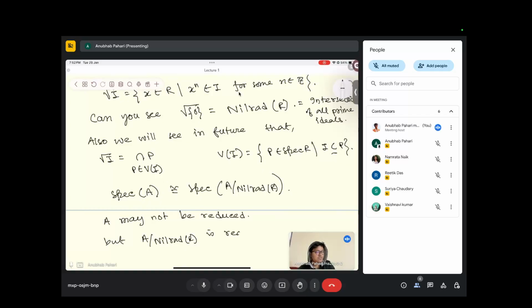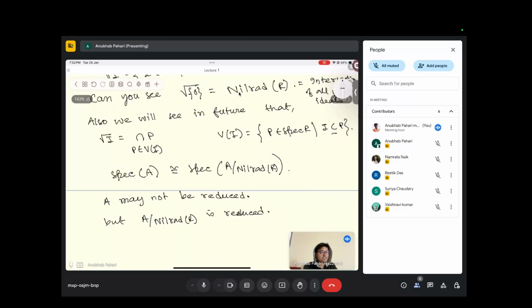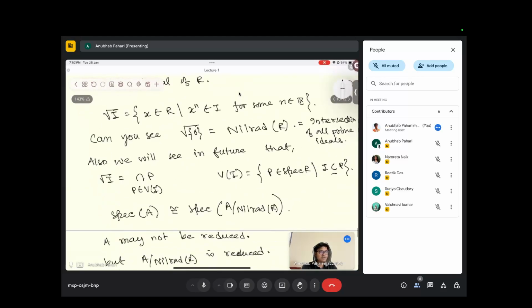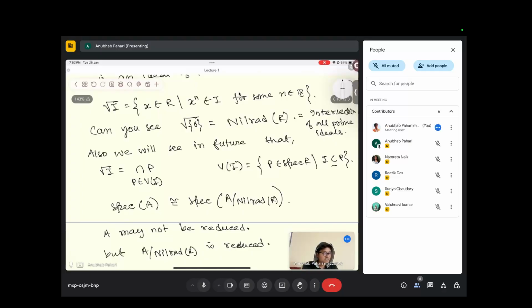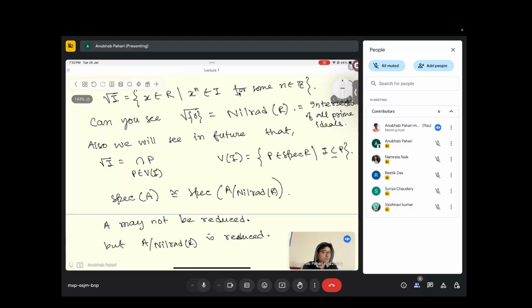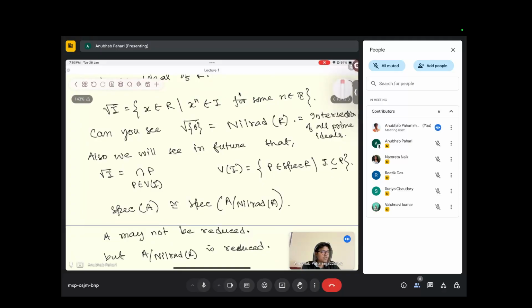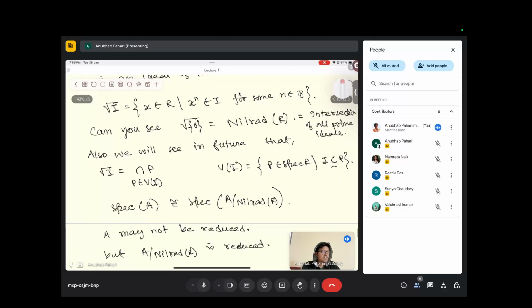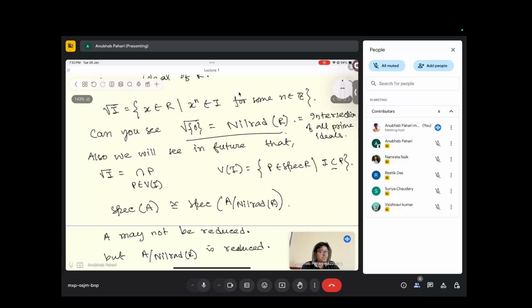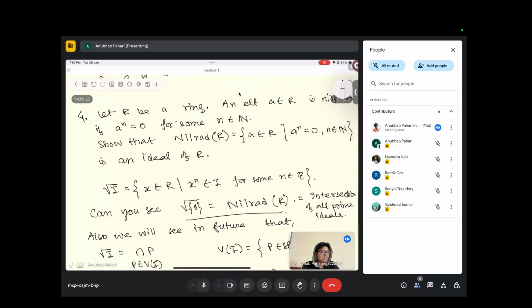By reduced I mean it has no nilpotent element. All these things will be useful in future, but these are just motivations. There is no deep involvement here. This is fairly clear from the definition, because radical is defined via this and nilradical is defined by this.